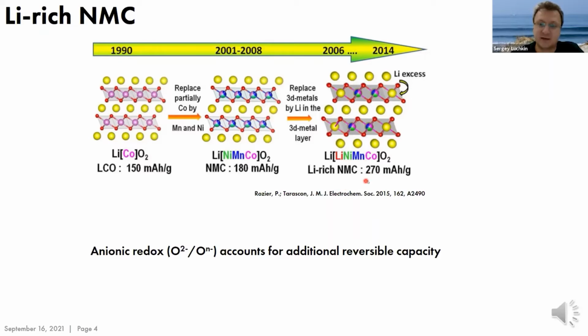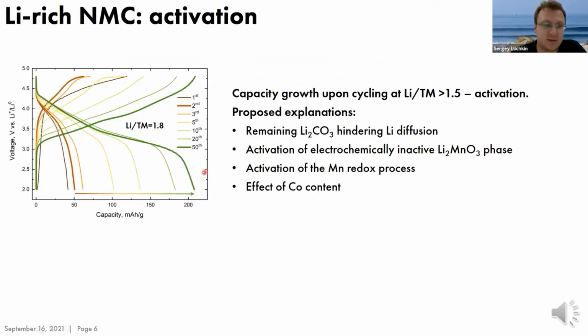But despite this great increase in capacity, this material is not on the market yet because it has a number of serious drawbacks. But here I want to focus on a very specific phenomenon, which is called electrochemical activation. This phenomenon is observed when we keep adding more lithium into the structure.